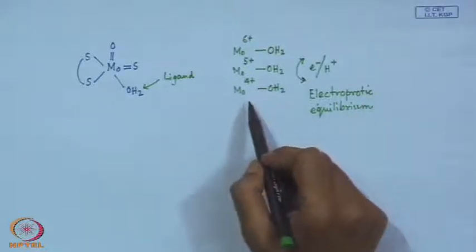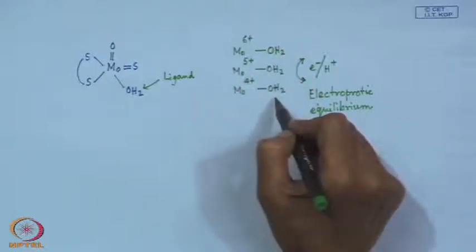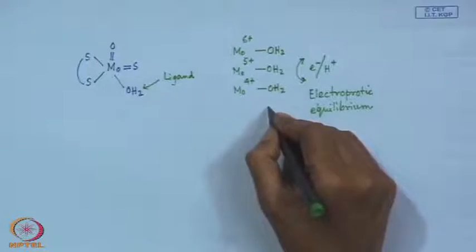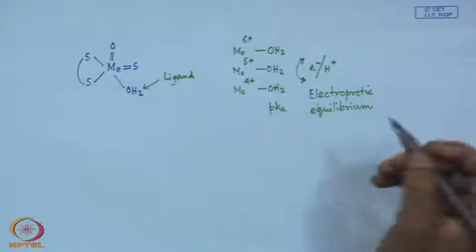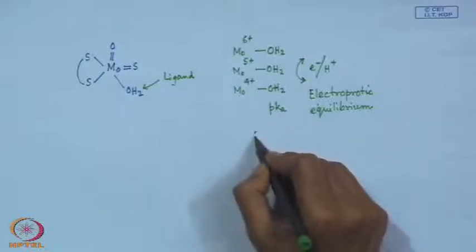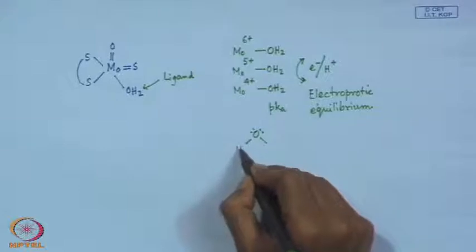This equilibrium will dictate that when a metal center in different oxidation states is bound to these water molecules, we can consider the corresponding pK values of the free water, which is not bound to anything.